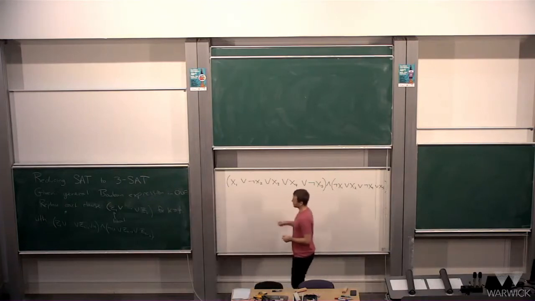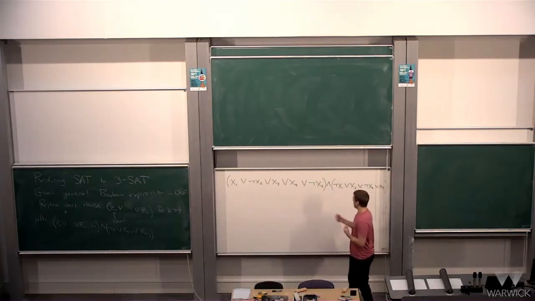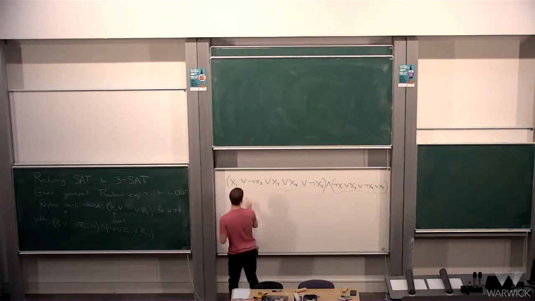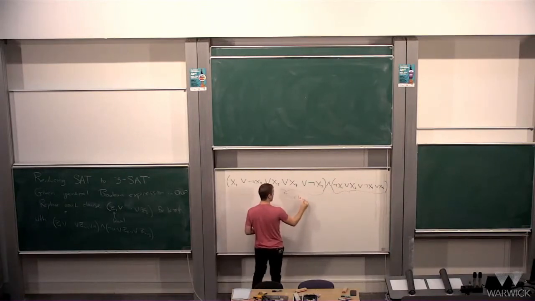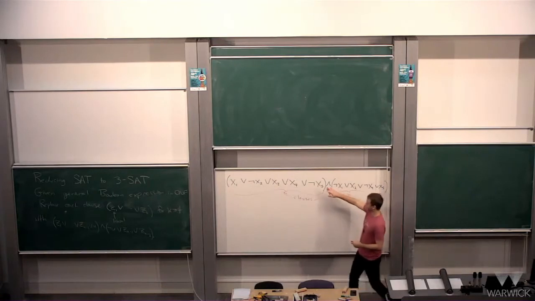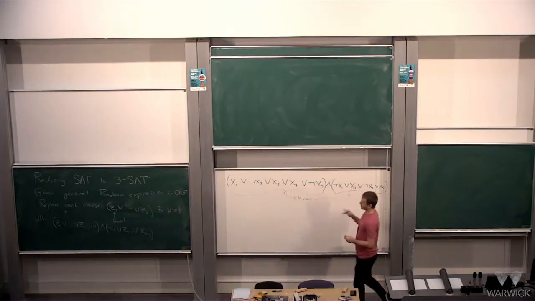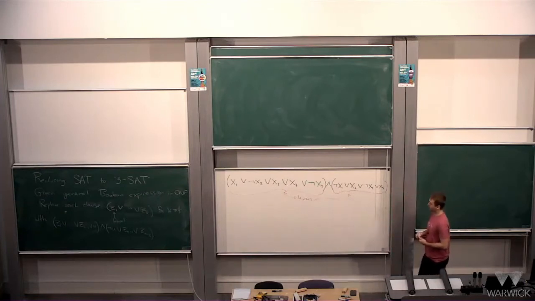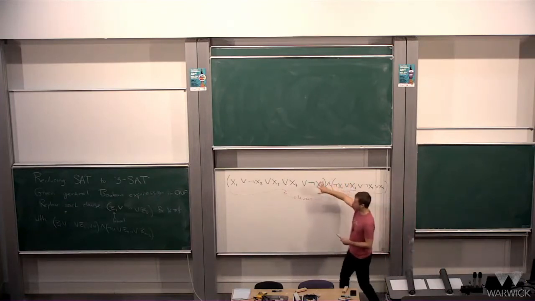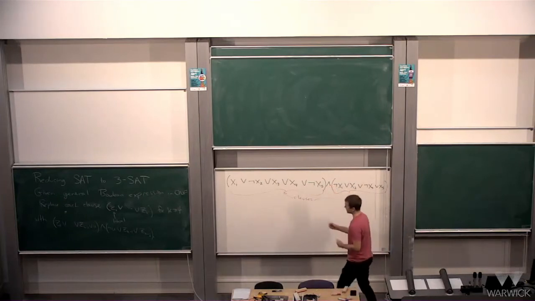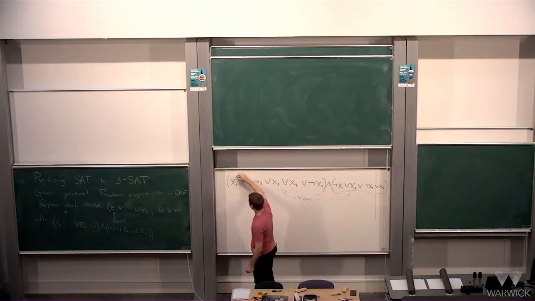So for example, this is in conjunctive normal form, where each of these things are the clauses. A clause is just a bunch of either variables or their negation separated by OR. And in conjunctive normal form, you have a bunch of clauses separated by ANDs. And each of these things, a variable or its negation, we call literals.